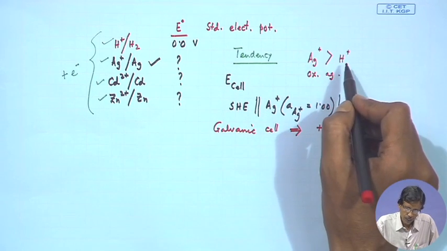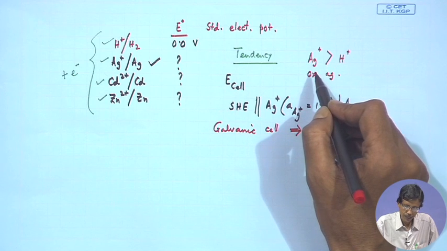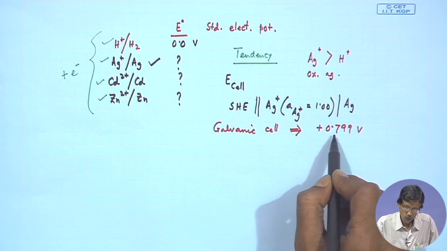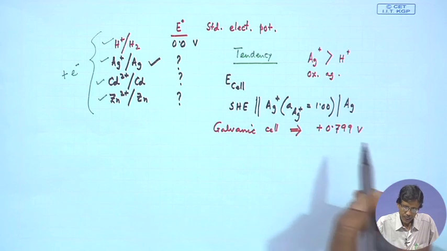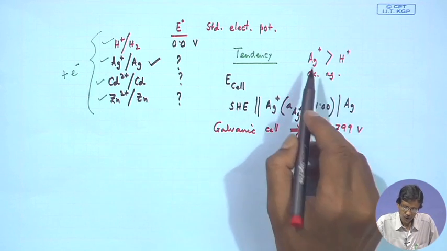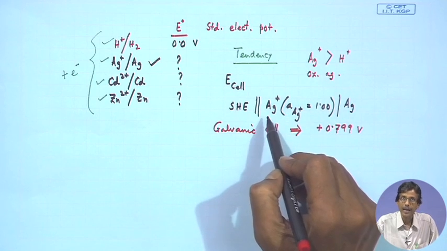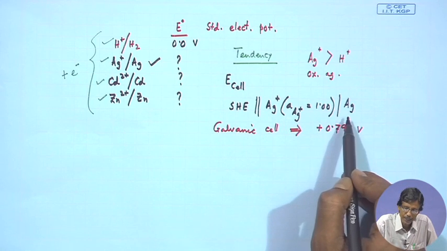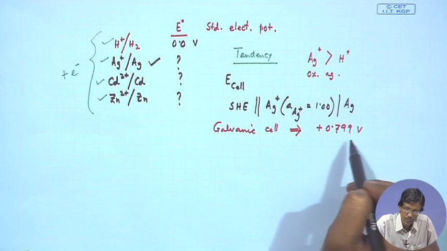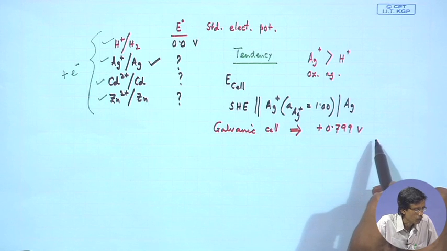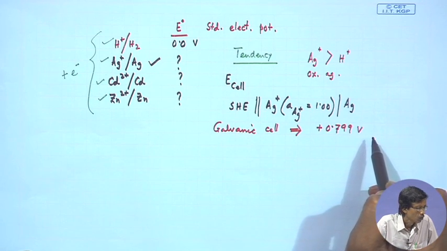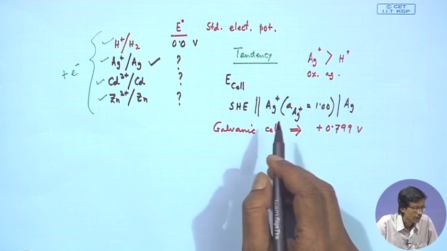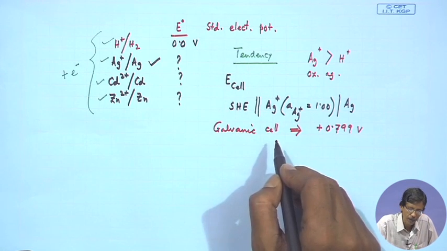But when we consider this in terms of its reduction potential, we see that it is plus 0.799 volt. That means the cationic form of the species engaged in the half cell is the stronger oxidizing agent, because you have a corresponding positive potential. So, this is the measured standard electrode potential for the silver half reaction.